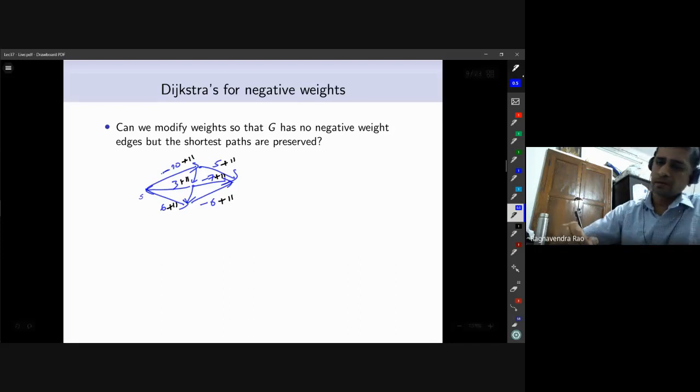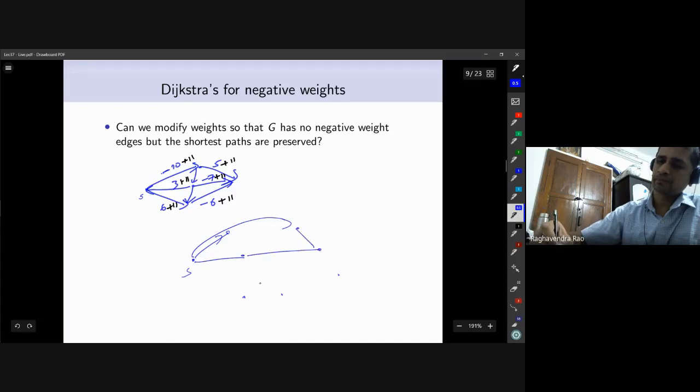Suppose S is a vertex such that there is a path from S to every vertex, not an edge, a path. It's enough to have a path. That condition is required.